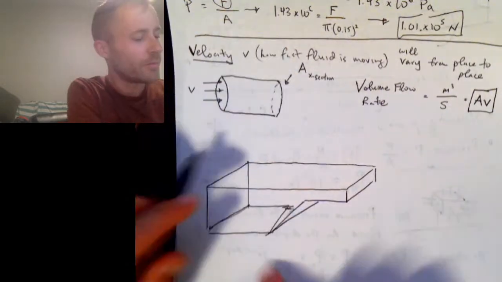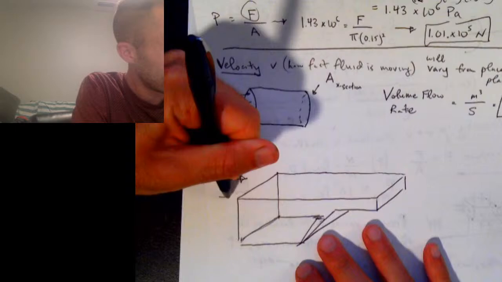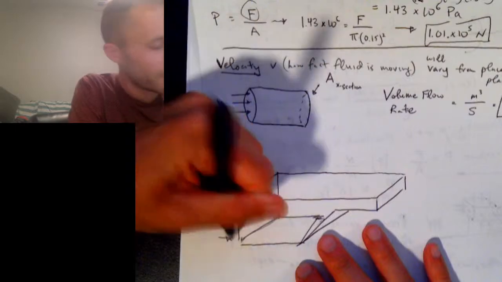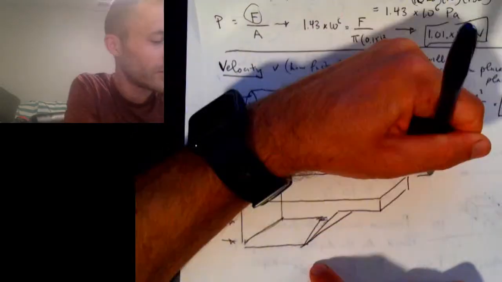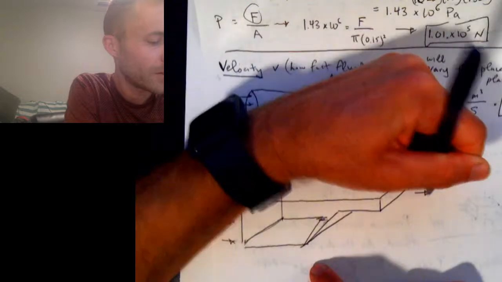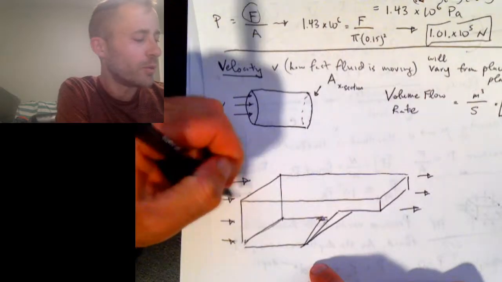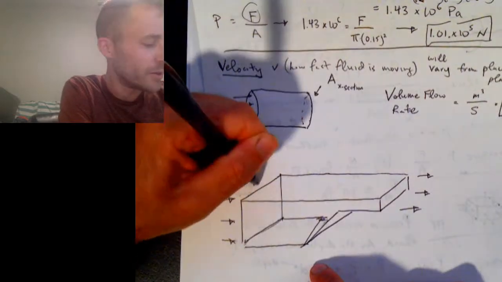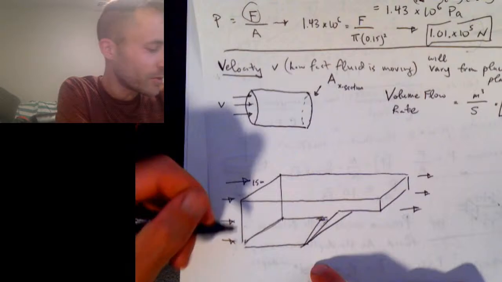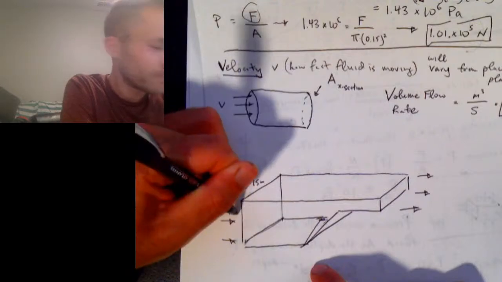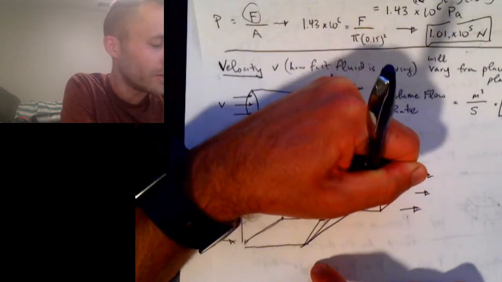The bottom of the river comes up. So you have fluid coming in this side, and then you have fluid traveling through and out the other side. Okay, these speeds will be different. So let's suppose that the width of the river is 15 meters, and the depth of the river over here is 10 meters, and the depth of the river here is only 2 meters.